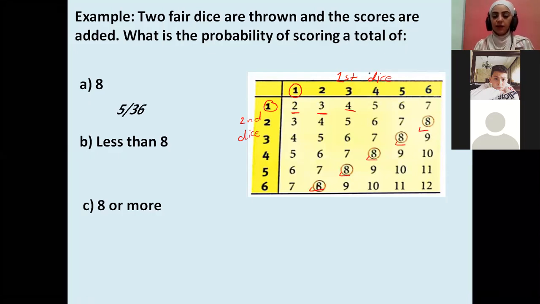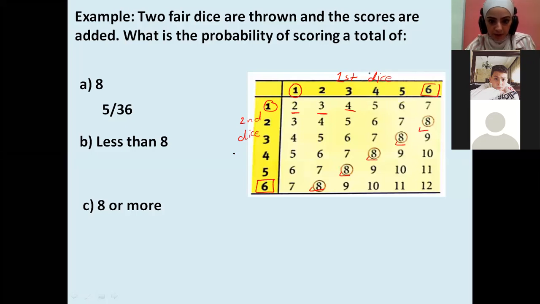By the way, 36 outcomes because in the first dice we have 6 and in the other dice we have 6. So to know the total possible outcomes, you just do 6 times 6, which is 36. Okay, thank you, Lien. Let's go to another one.